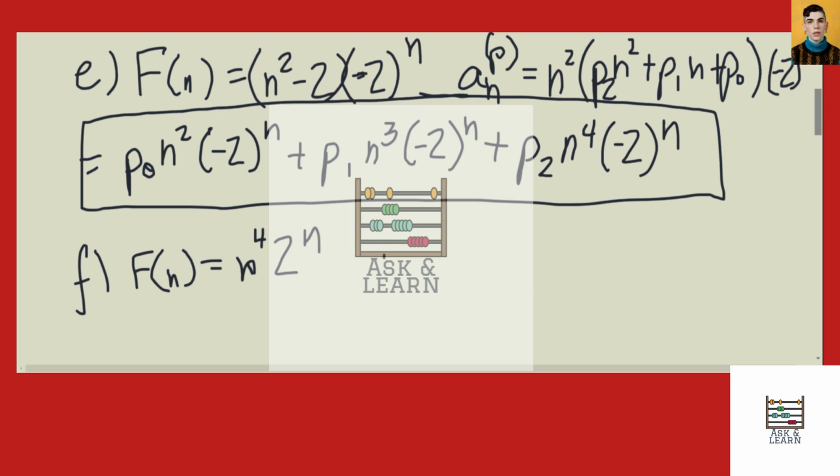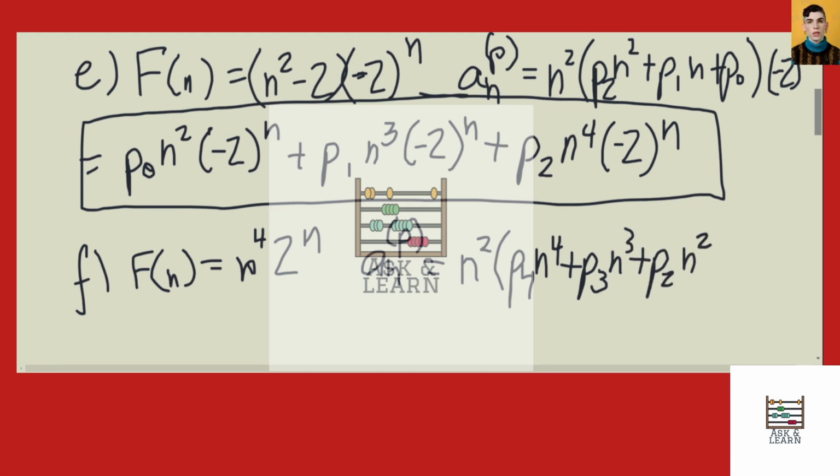So the general form for a particular solution is n^2 times (p4 n^4 + p3 n^3 + p2 n^2 + p1 n + p0), all times 2^n. And this can be expanded, although it's not necessary to do that. But this is also a valid solution.